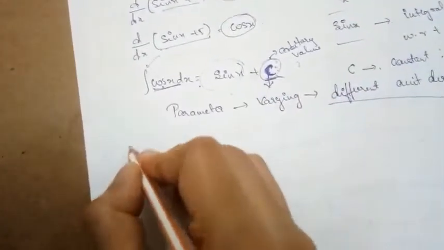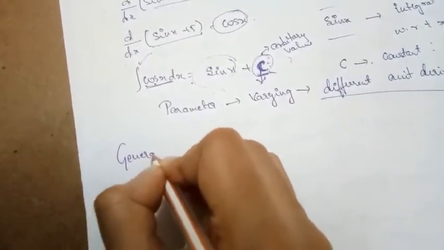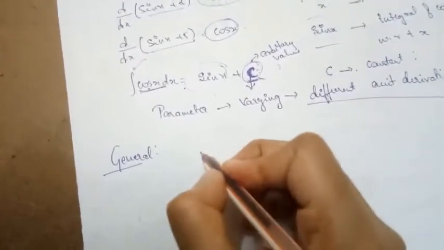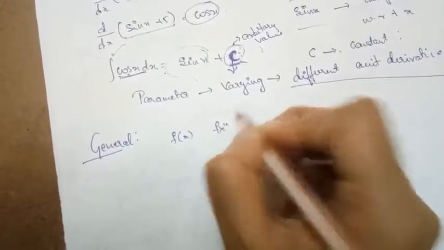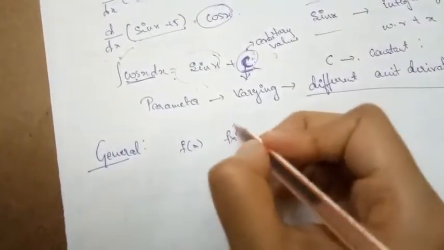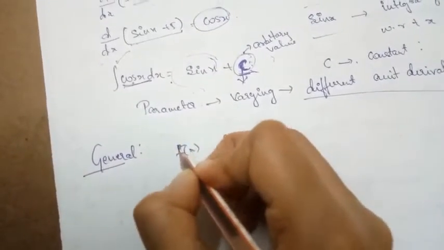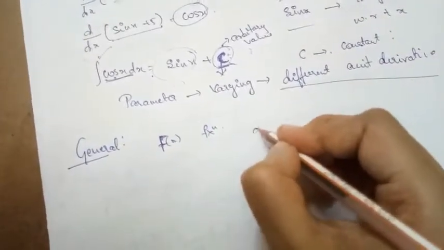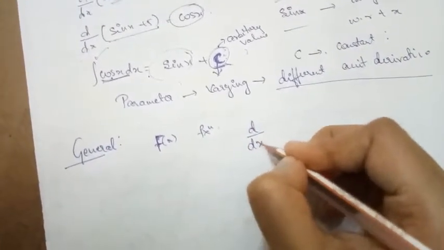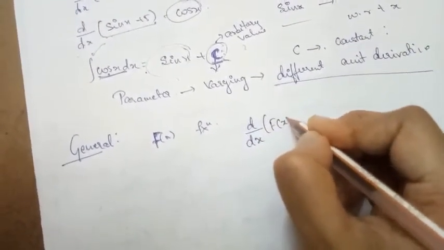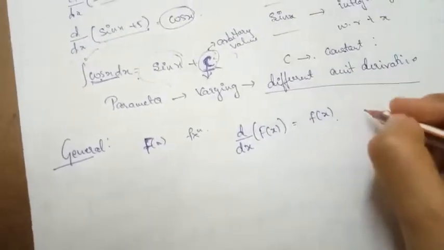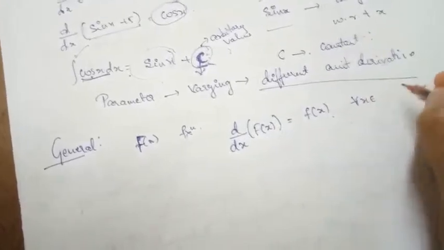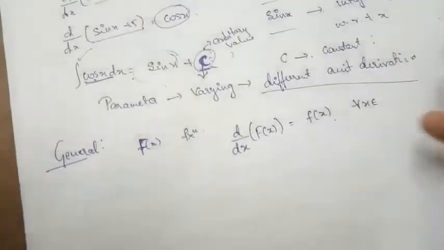Suppose I am talking about integration in general, the general representation. Suppose f of x is a function, and capital F of x is any function, then the differentiation of capital F of x gives us small f of x, for all x belonging to any given interval.